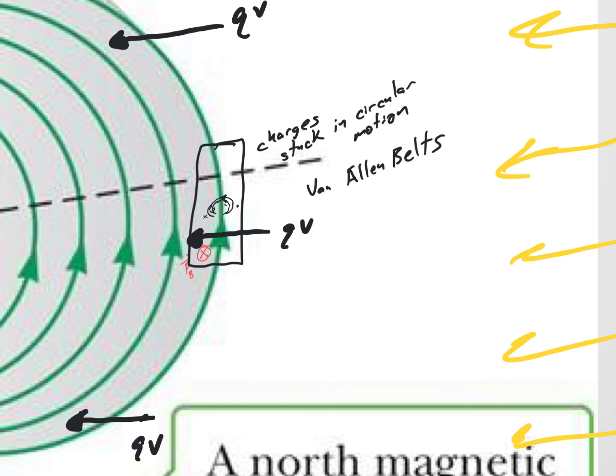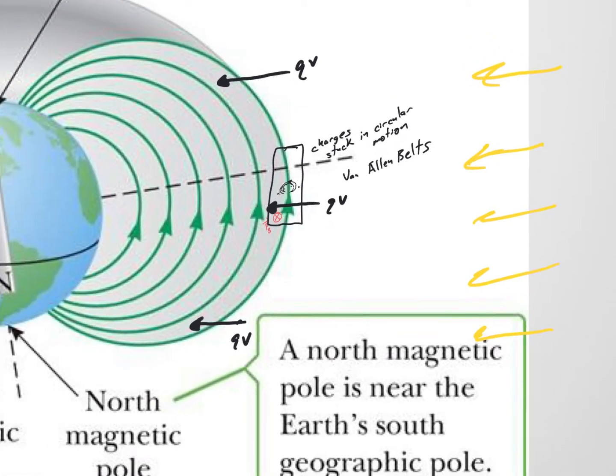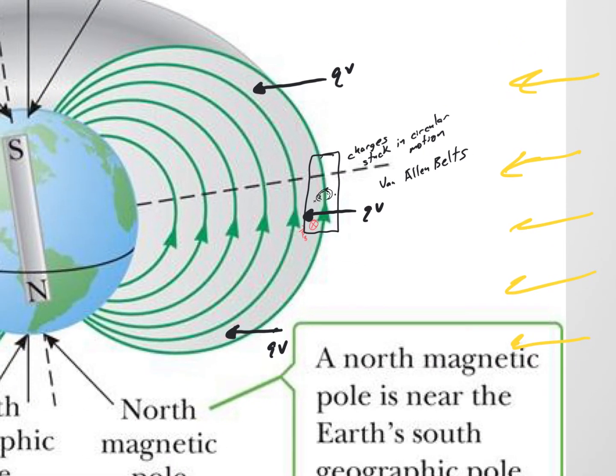Now, sometimes charges will hit each other and they'll deflect one out of the region, but there's actually two Van Allen belts, one farther out and one closer in. Okay, so two significant regions that go all the way around the Earth, all because of charges that get forced into circular motion by the magnetic field.